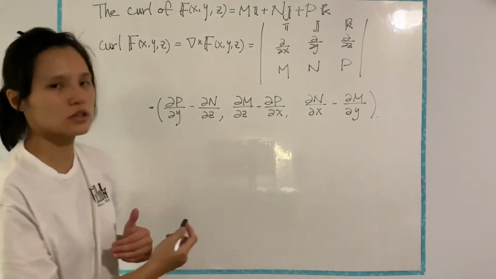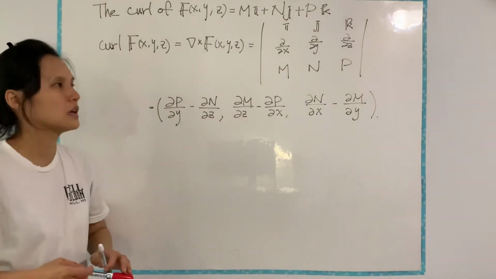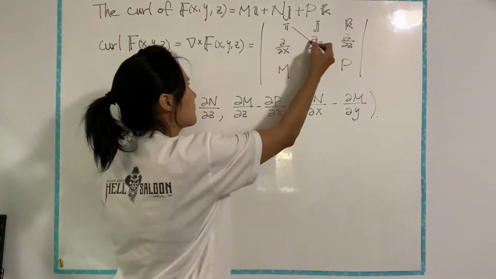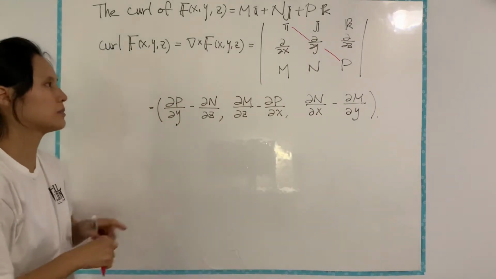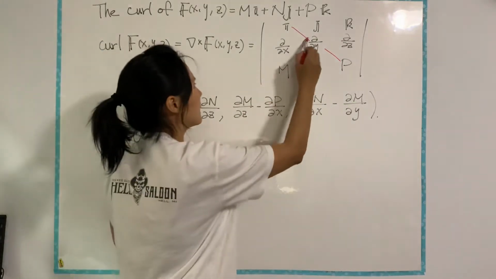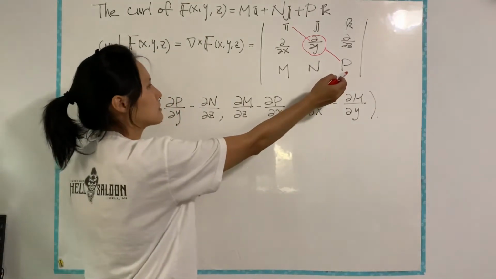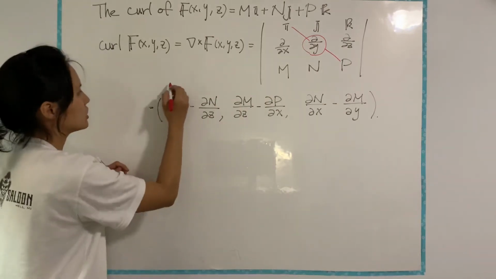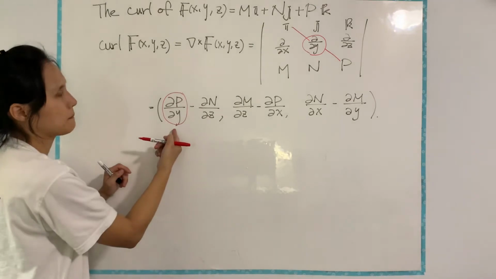Now we take the determinant as usual, except that instead of having functions or numbers, we have a differential operator there. So when d/dy meets a function p, what this means is we differentiate p with respect to y.